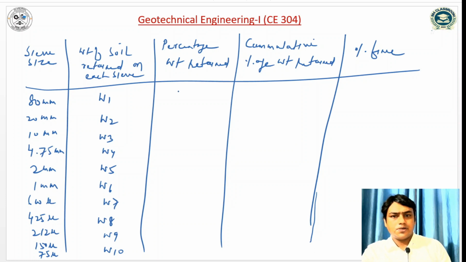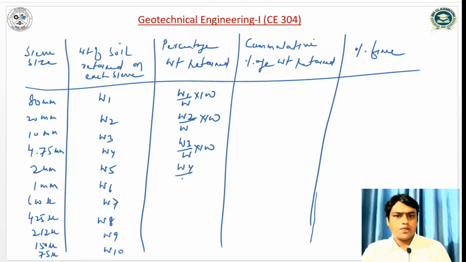Percentage weight retained can be written as W1 by total weight W into 100, W2 by W into 100, W3 by W into 100, W4 by W into 100. Let us say it is W1 dash, W2 dash, W3 dash, W4 dash, and so on. We can compute it.